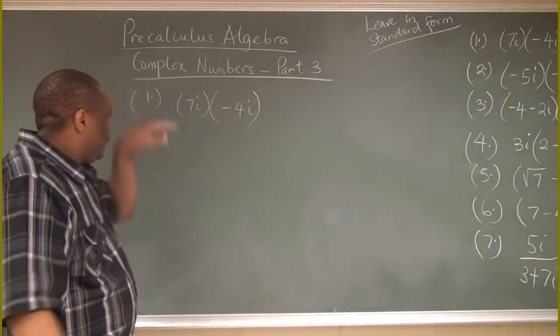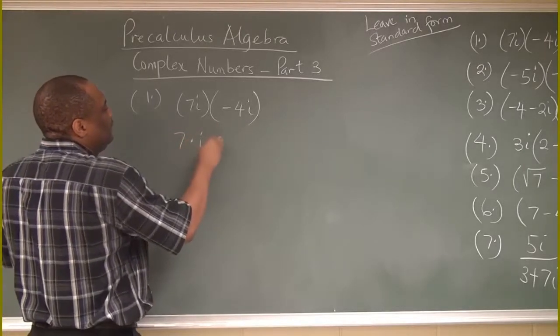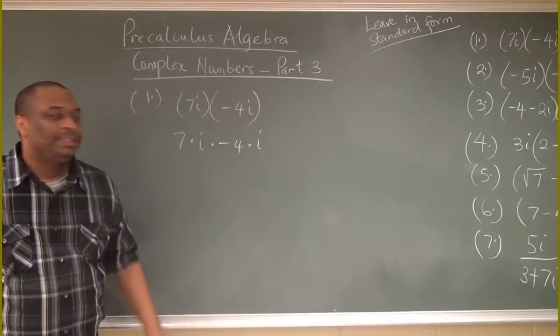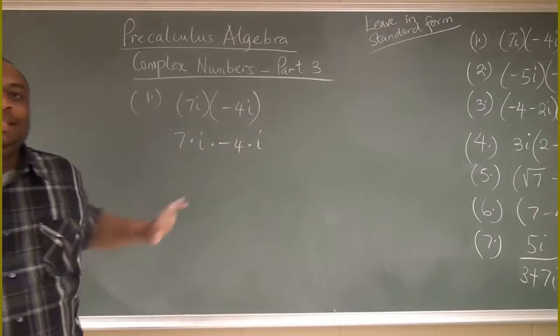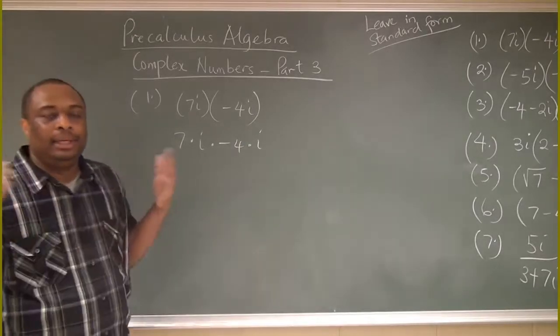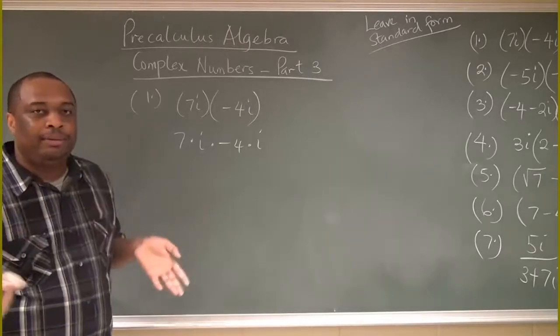If I want to simplify it very well, this will be 7 times i times -4 times i. You see how I dissociated it? Then what I will now do is combine the real numbers together and then the pure imaginary numbers together.